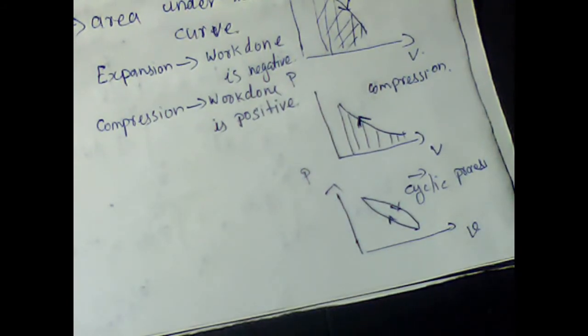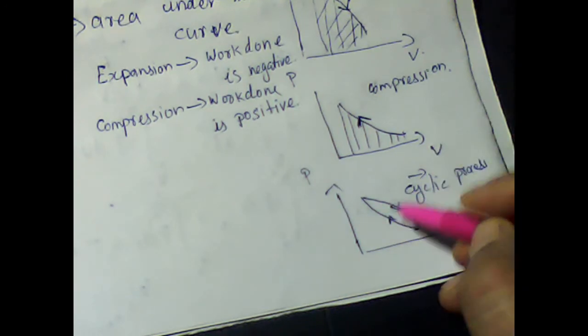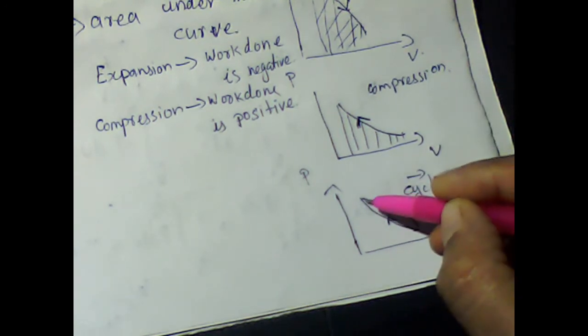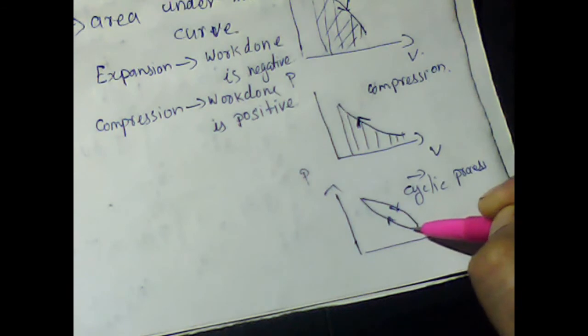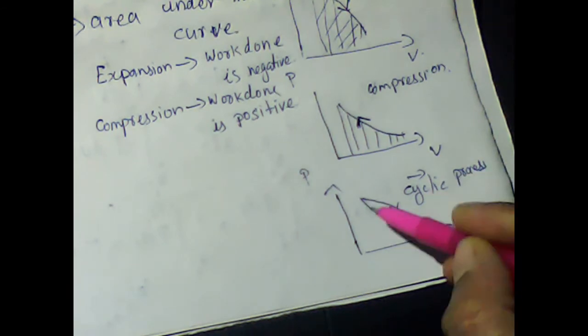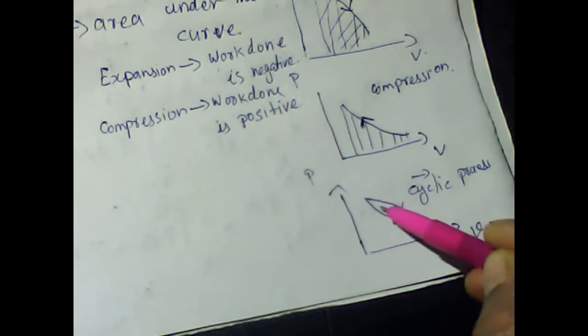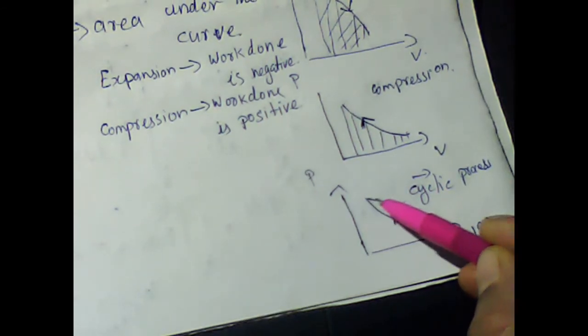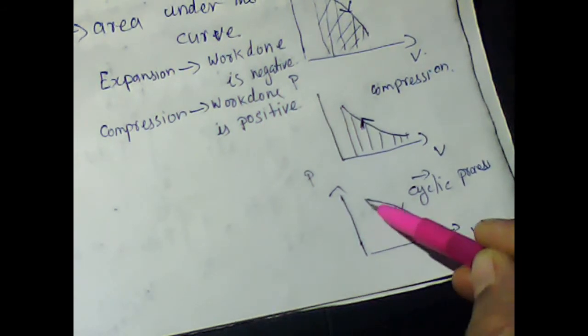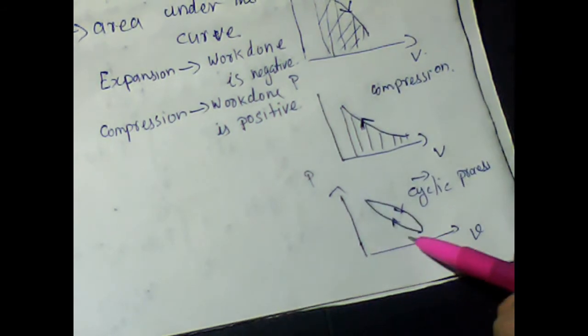So a cyclic process means both processes are there. One expansion and one compression. If you are taking the area under the curve, for expansion this is the area under the curve. For compression, this will be the area under the curve.